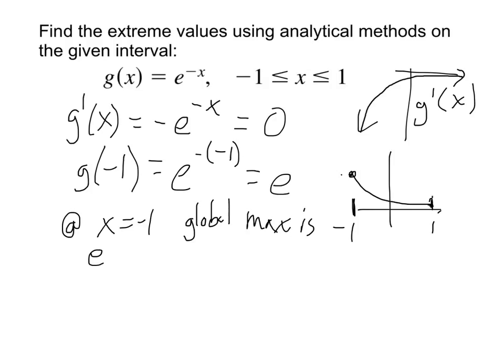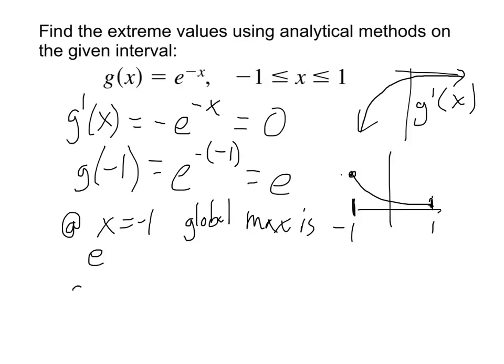Okay, so this says find the extreme values. The extreme value is e. If it was asking where the extreme values are, you'd say the global maximum is at -1. We need to give the value here too, so it's e.